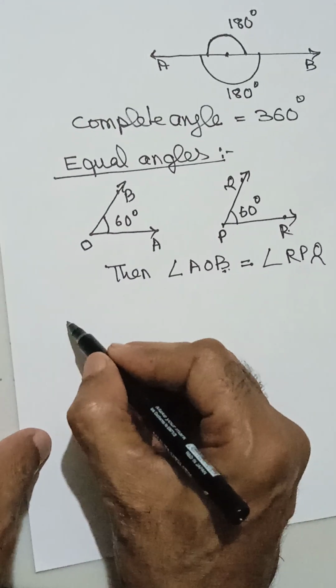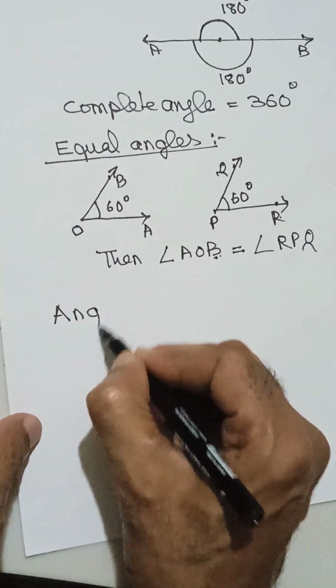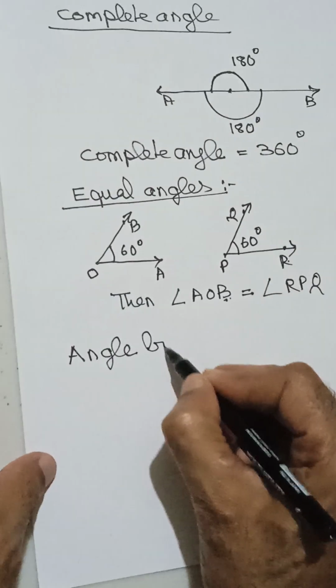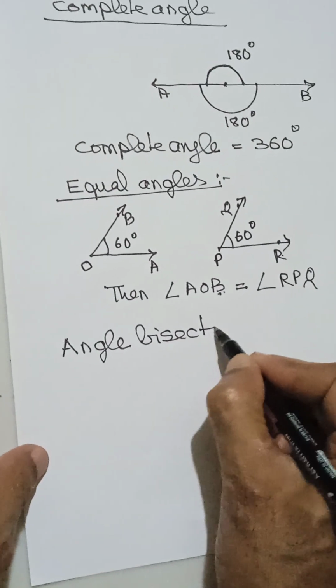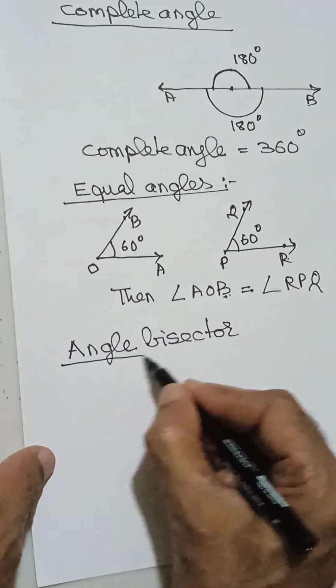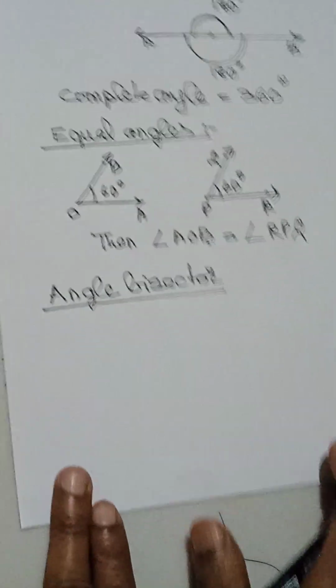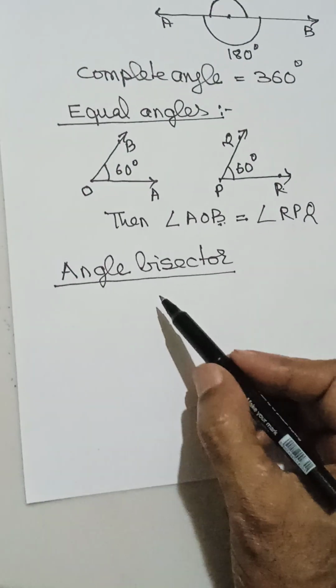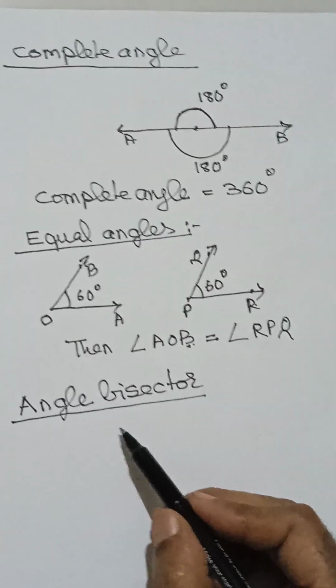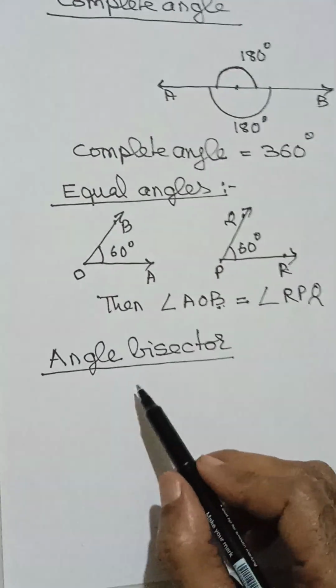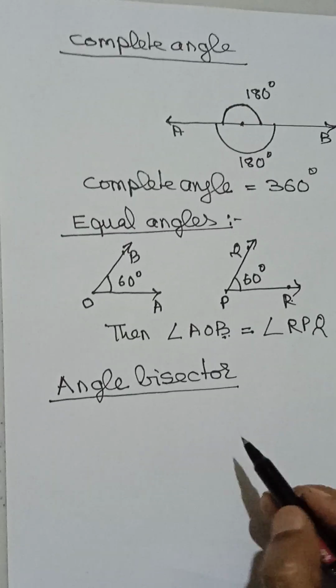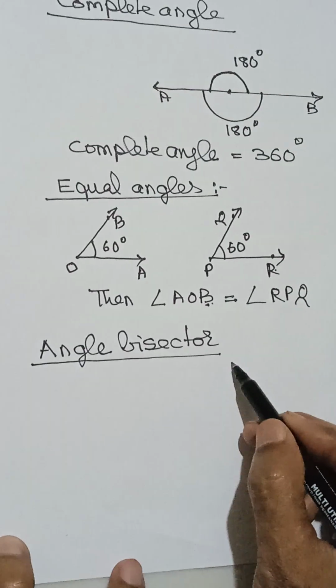Now we will learn the angle bisector. An angle bisector is actually a line from the vertex which divides the angle into two equal parts.